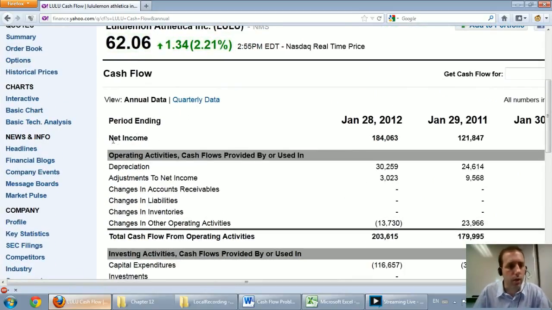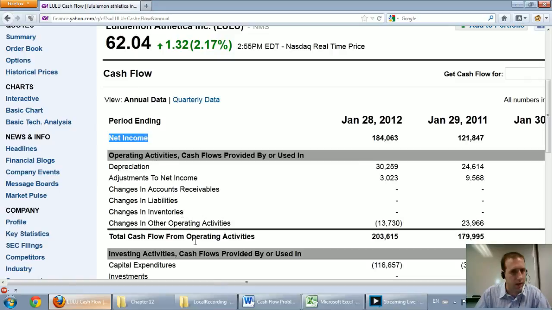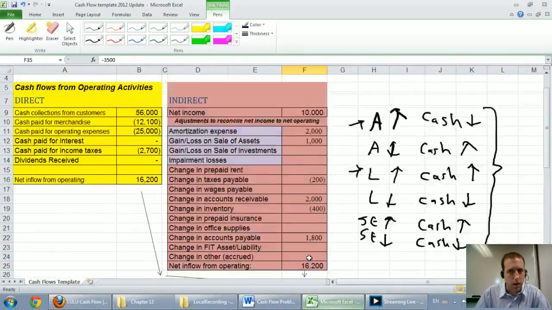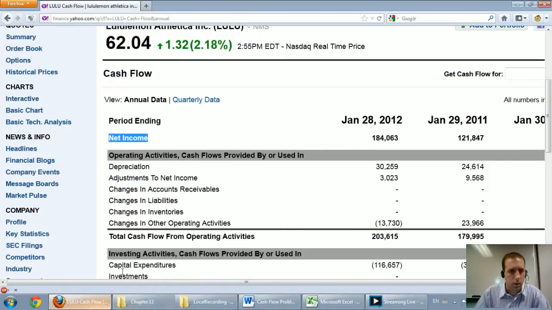First of all, I want you to first identify, is this direct or indirect method? And what you should notice is if it starts with net income, that is the start of an indirect method. And you can see Lulu did exactly what we did. They had net income first, and then they add back their depreciation. And they do very similar.